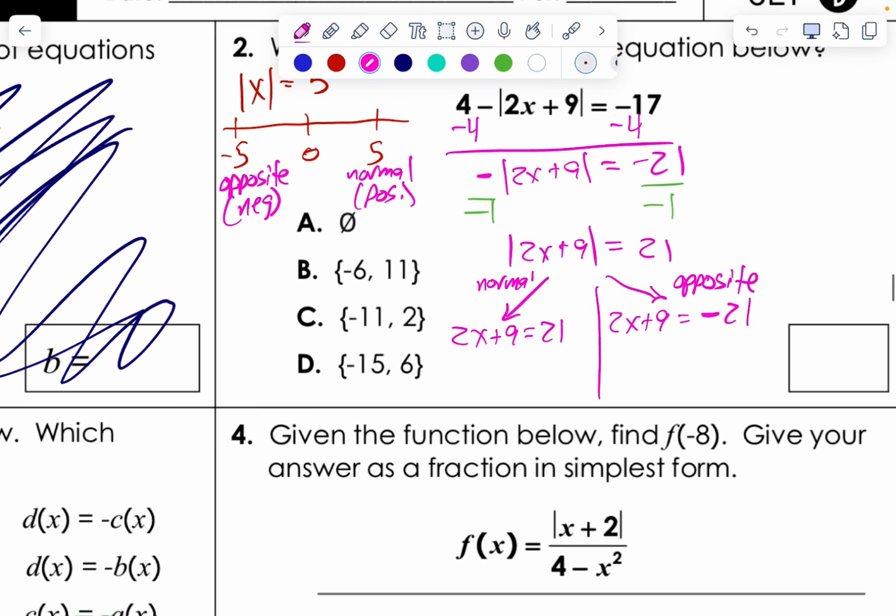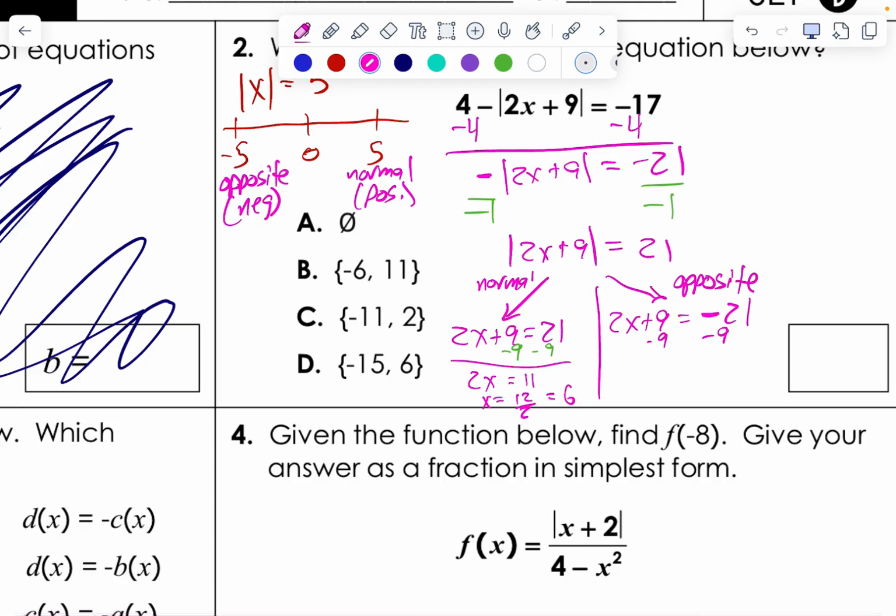Okay, from here, it's pretty normal, just linear solving. So subtract 9, and we'll get 11, and then divide by 2. It's 12. That's what I said. And we'll get 6. And then on the other side, same thing.